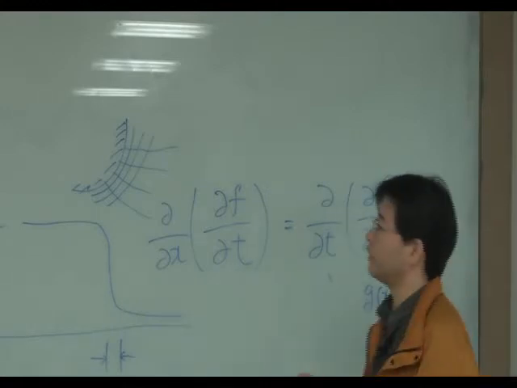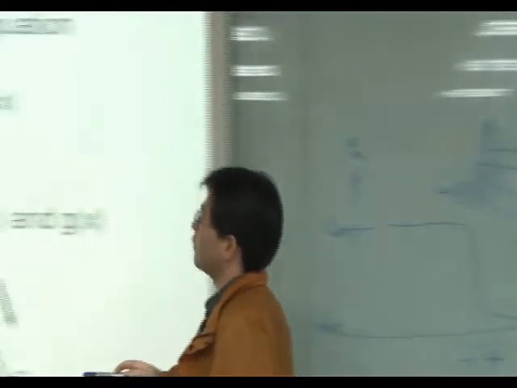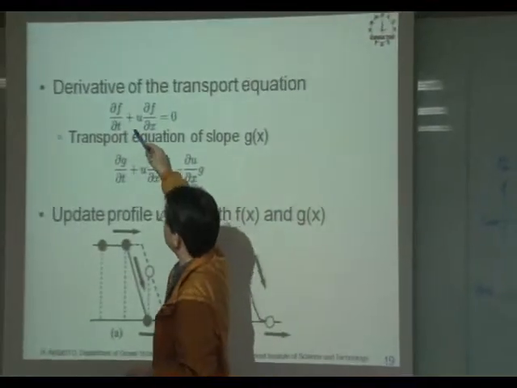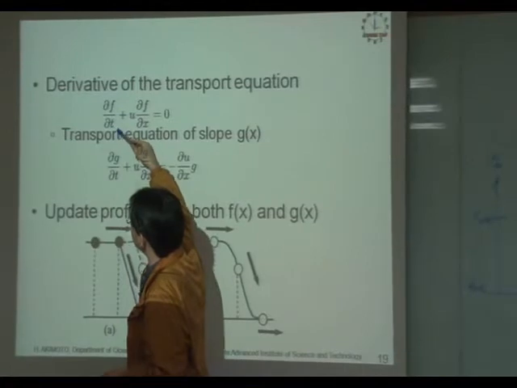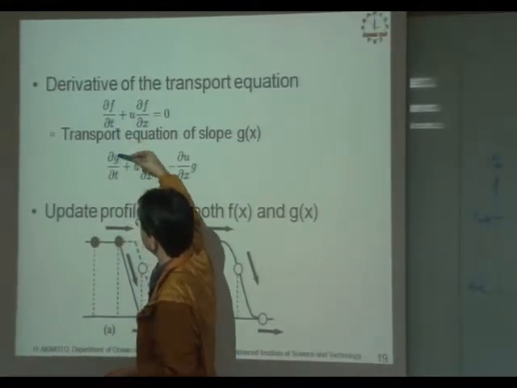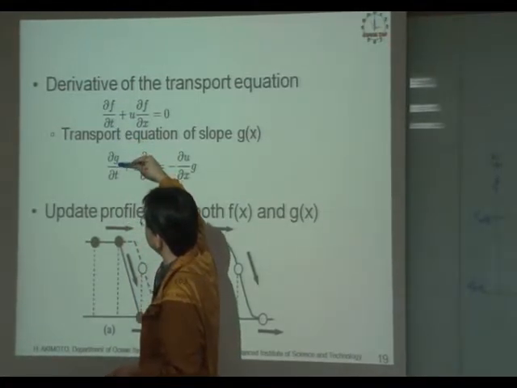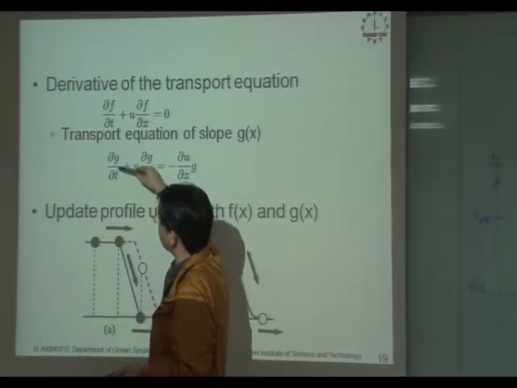So this is a gradient. If we take the derivative of x, it will lead to the partial derivative of g with respect to t.